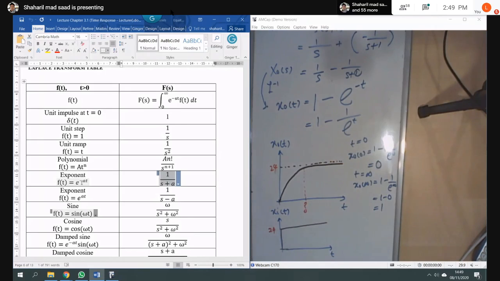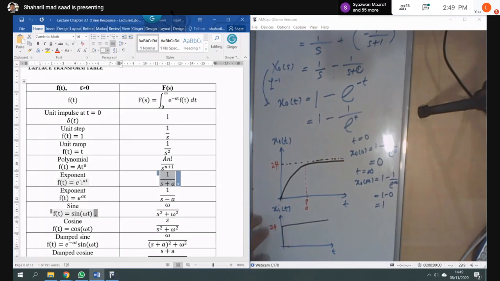How many seconds, how many minutes will you get 24 degrees? This is real life. When you set your controller to 24, the system will try to get 24 degrees, right? But how much time will it take?